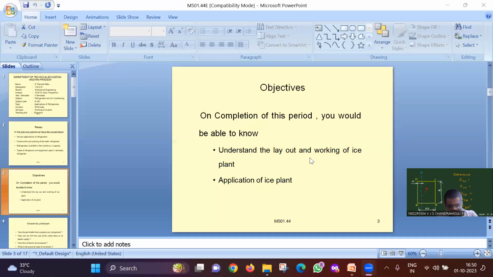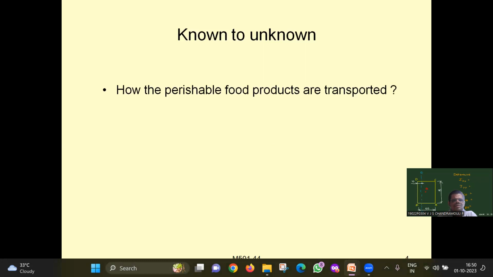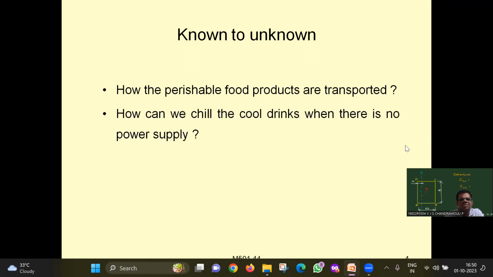And the next application of the VCR system is the ice plant, in which ice is produced. In our refrigerator also, we produce ice in the freezer, but it is very small in quantity. But if you need ice in huge quantities, for commercial applications, then these ice plants are used. This commercial ice is used generally during transportation for preserving food items.